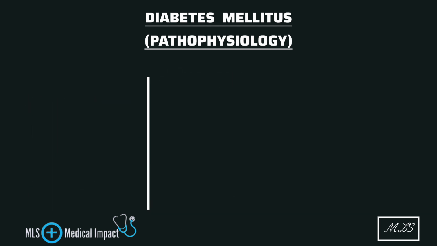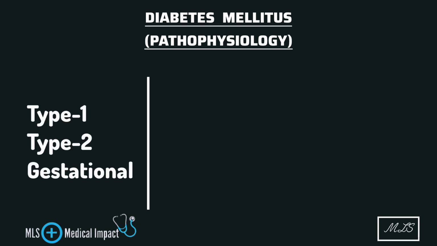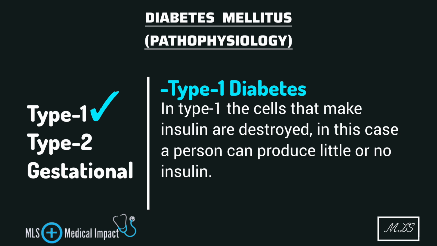Okay, so let's look at the classifications of diabetes. All right, so how are we going to classify diabetes? There is type 1 diabetes, which is also known as insulin dependent. Patients with type 1 diabetes don't have any insulin production.